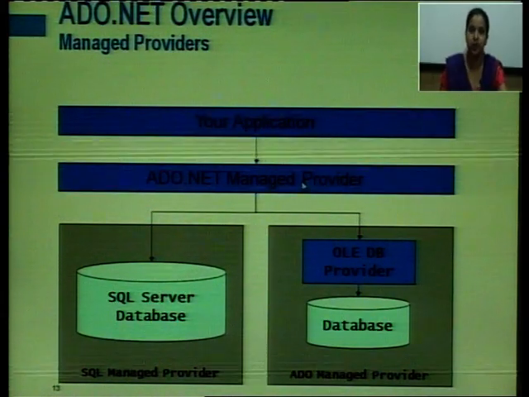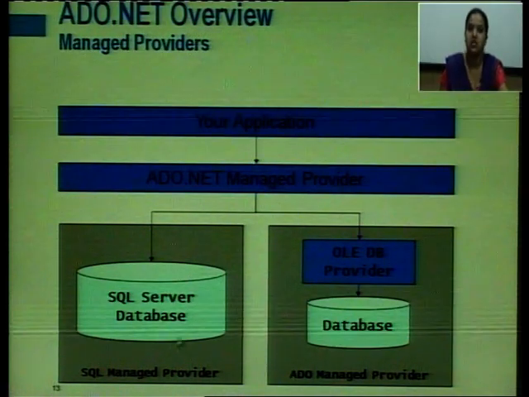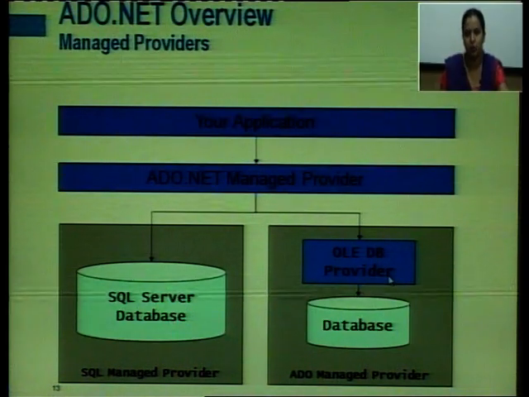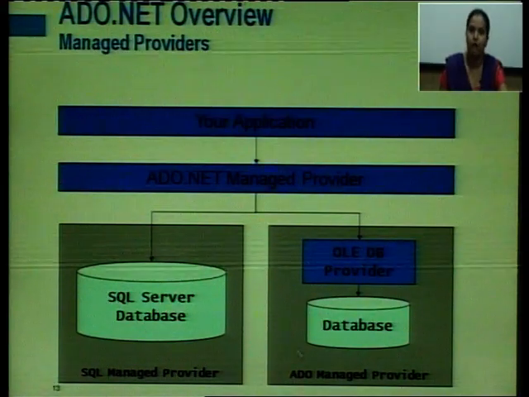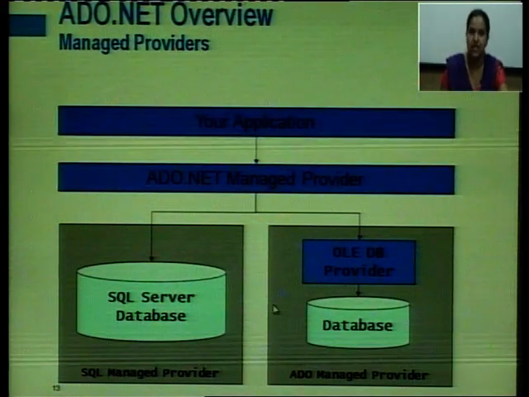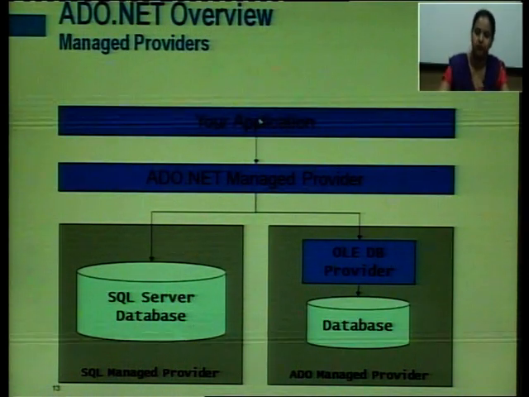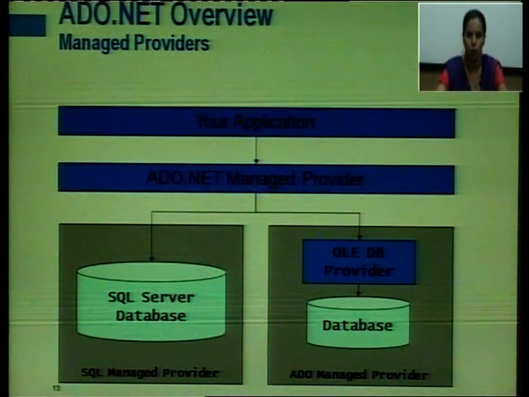This ADO.NET managed provider takes your query and sends it to the SQL Server and OLE DB providers, which help us to retrieve the data from these two databases and provide it back to your application. This is the simple structure of how ADO.NET works.